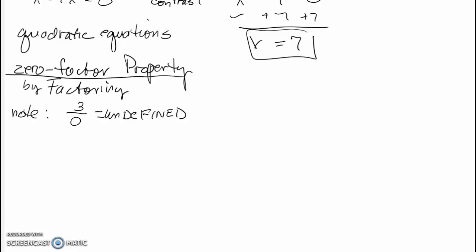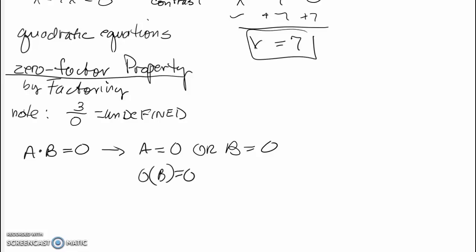Okay, so let's describe what the zero factor property tells you. In general, if you have a times b equals 0, this means that a can equal 0 or b can equal 0, or both. So if I make a 0, that's 0 times b, that's still 0. That's very true.